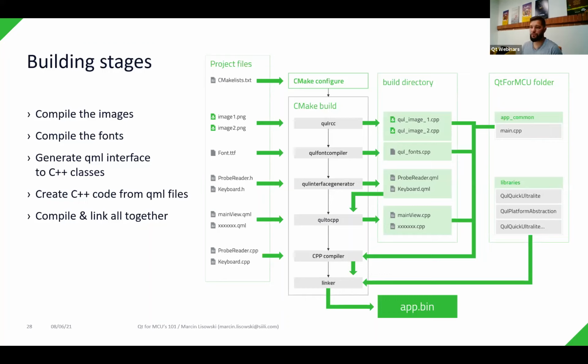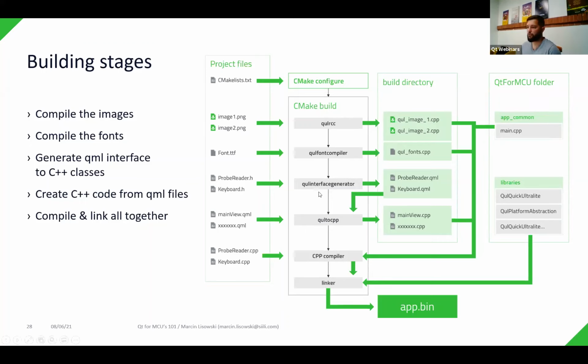The next step is converting the QML files to the final C++ representation. This is a super important thing to understand: in Qt for MCUs, every QML file is converted to C++. Finally, the C++ representation of your UI is the thing that is running on your board.